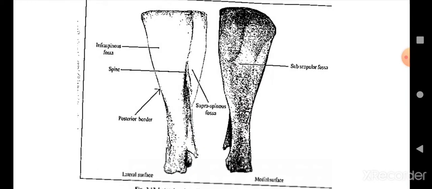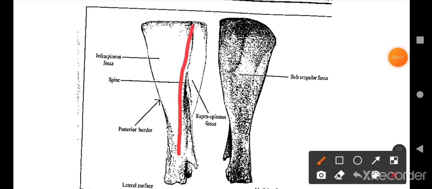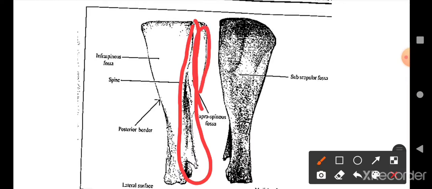First we will look at the lateral surface. The lateral surface of the scapula is divided into two unequal halves by a bony structure known as the spine. This spine divides the scapula laterally into two unequal halves: anteriorly the supraspinous fossa, posteriorly the infraspinous fossa.